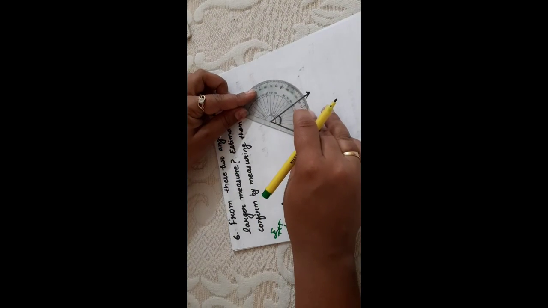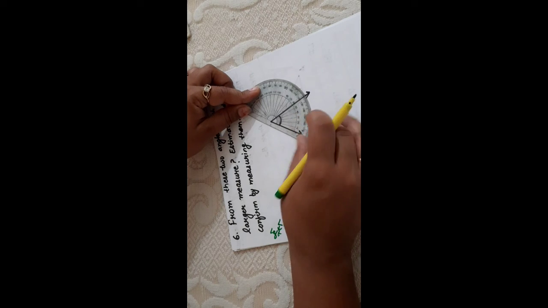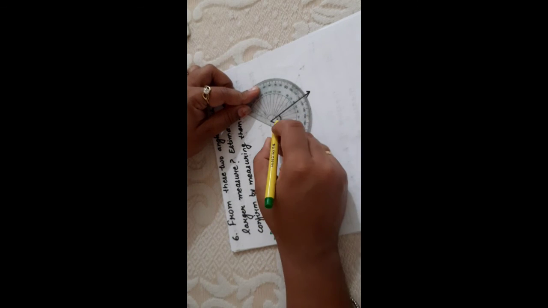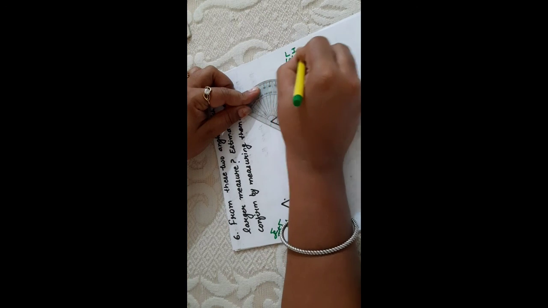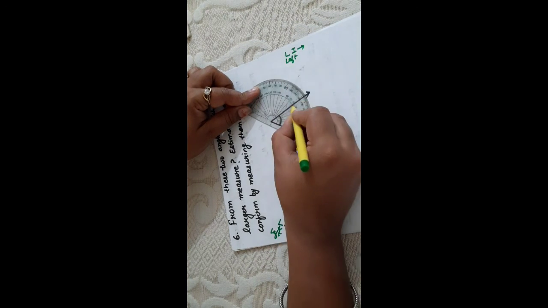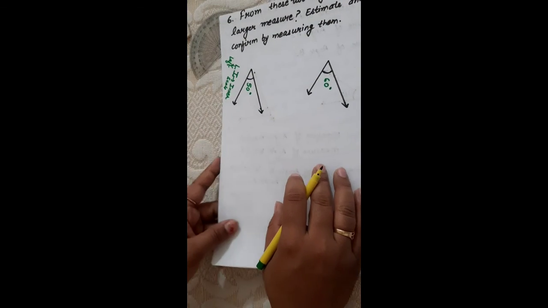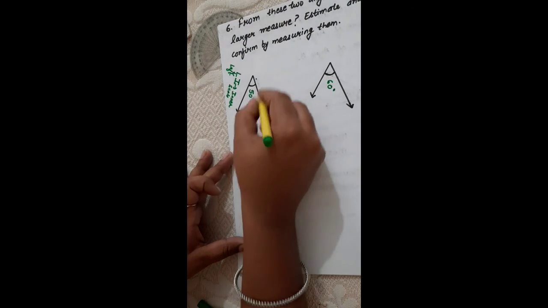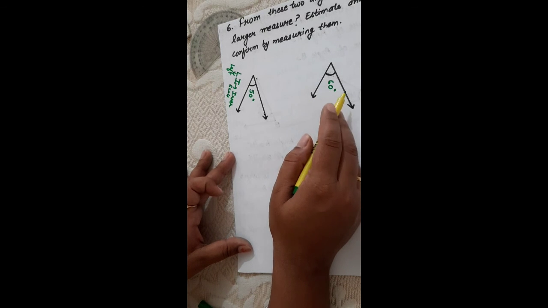Now let me measure the second one. Here I just placed at this point, left. L I means left, inner scale. Here inner scale, that is 60 degree. So I measured both the angles, and my answer is second angle has larger measure.